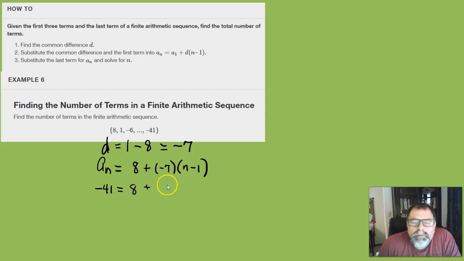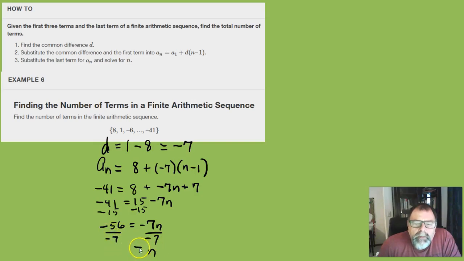Okay, I'm going to go ahead and distribute that. So it'll be negative 7n and positive 7. Combine my like terms: 15 minus 7n. Subtract 15. So that gives me, what, negative 56. And then divide by negative 7.